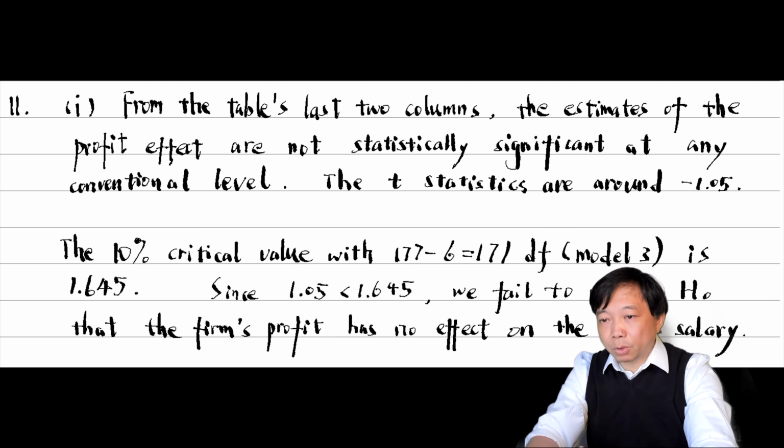The 10% critical value against a two-sided alternative with 171 degrees of freedom is 1.645. Because the absolute value of the t-statistic is below the critical value, we fail to reject the null hypothesis that the firm's profit has no effect on the CEO's salary after controlling for the other explanatory variables.